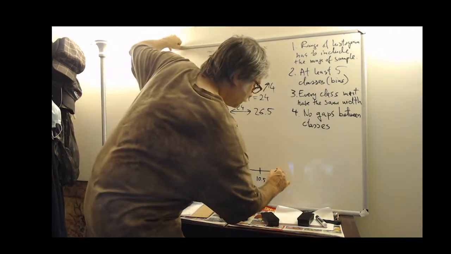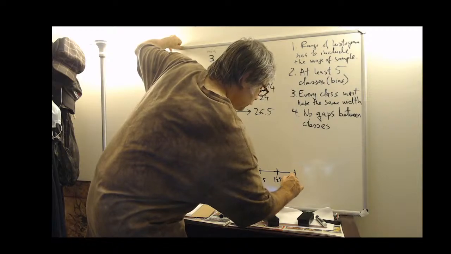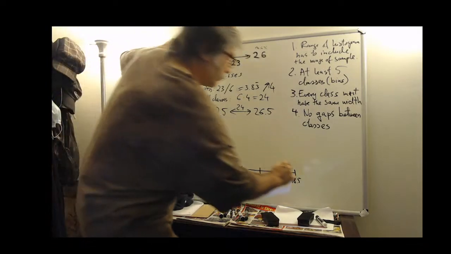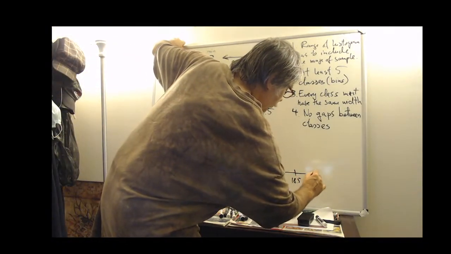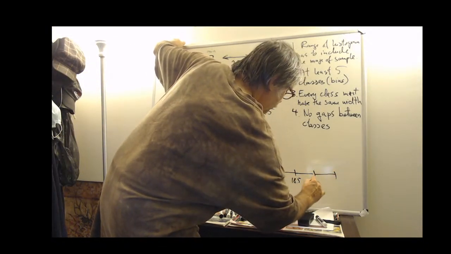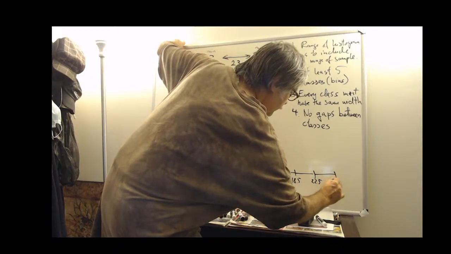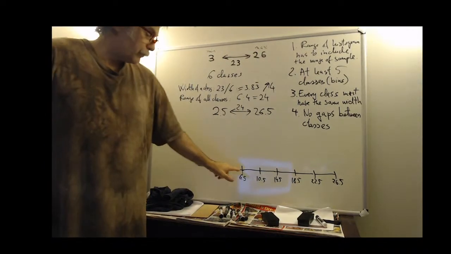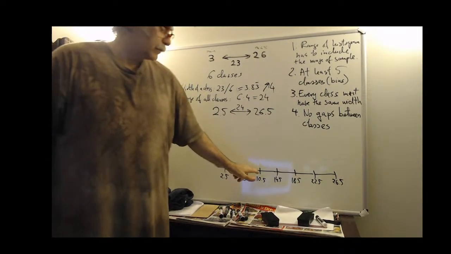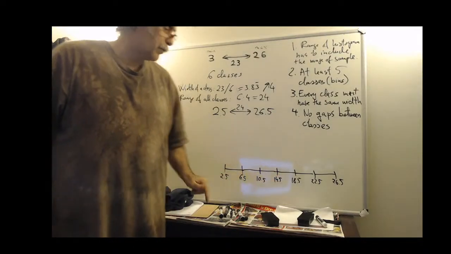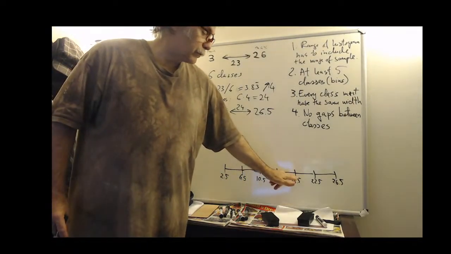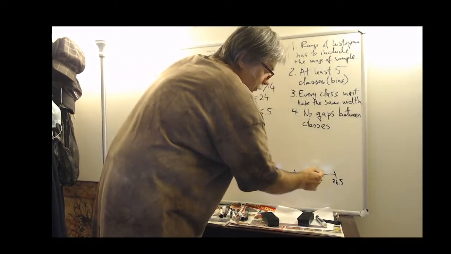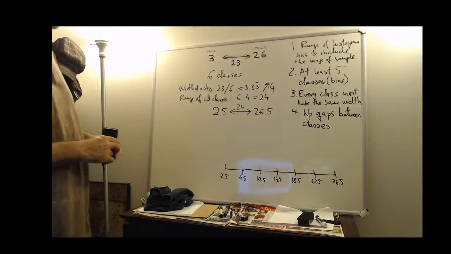Another 4 up, I am at 18.5. 4 more, and 4 more, and I am at 22.5, 26.5. Okay? These are my classes. From 2.5 to 6.5, from 6.5 to 10.5, from 10.5 to 14.5, from 14.5 to 18.5, from 18.5 to 22.5, from 22.5 to 26.5.